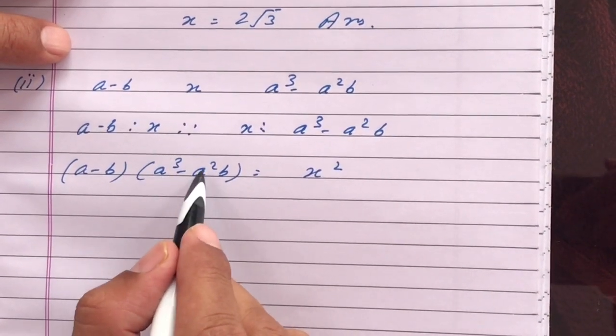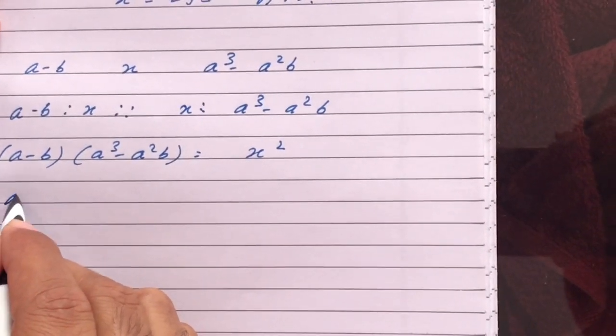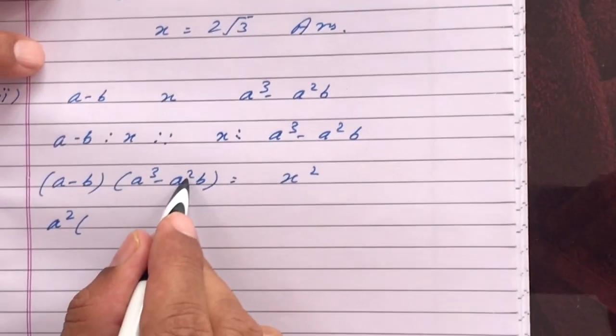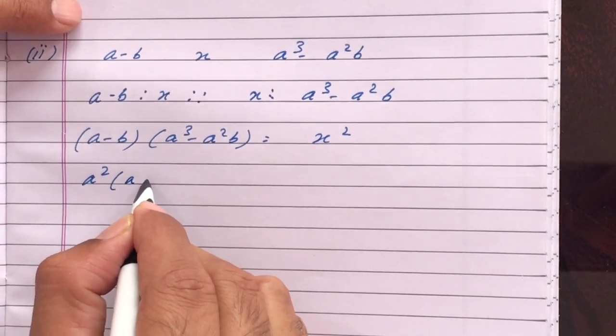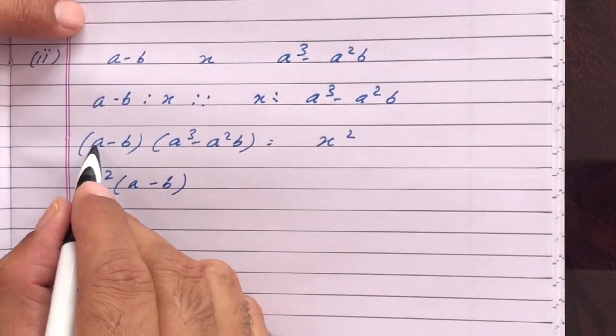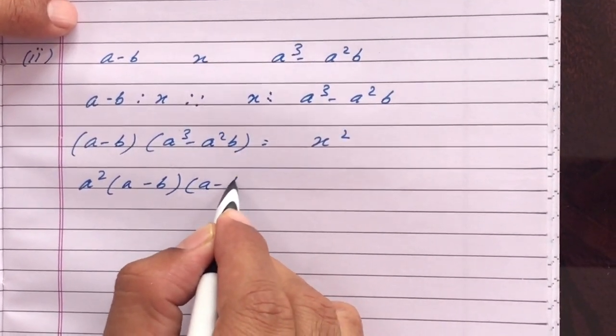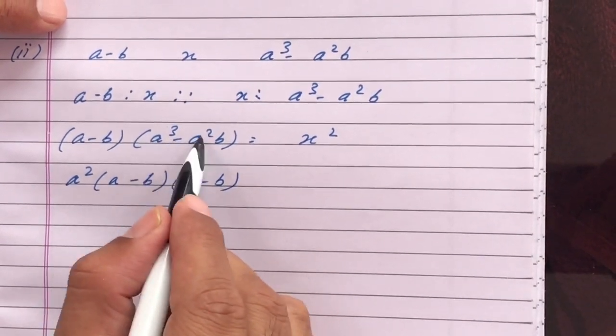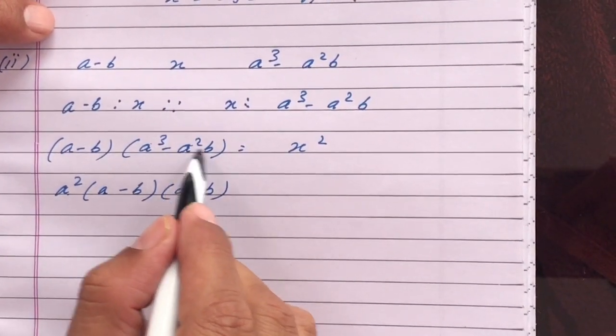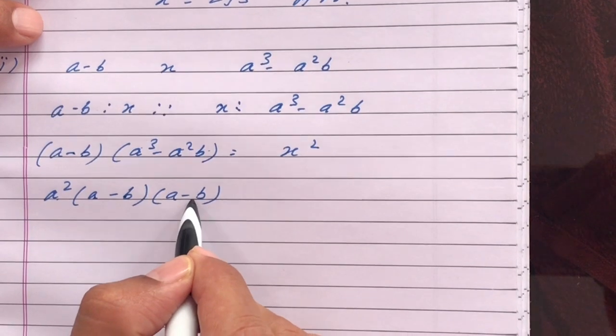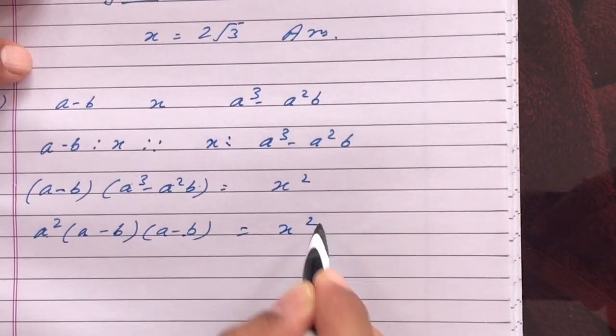So from here a square can be taken as common. A square I take common, then here it is a minus b, then into a minus b. This a minus b right here is equal to x square.